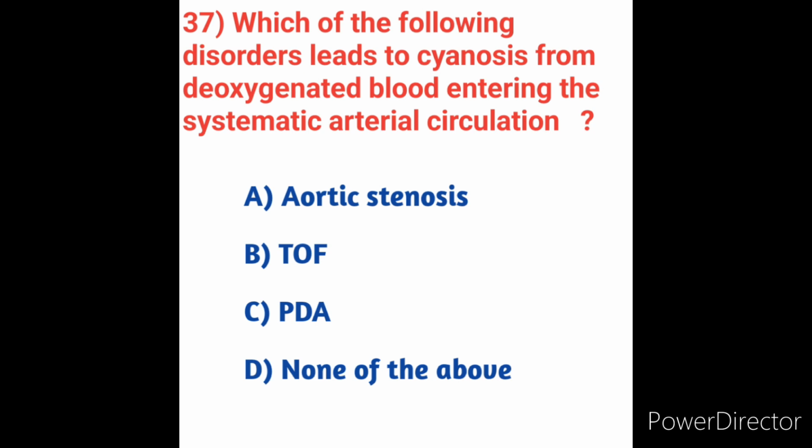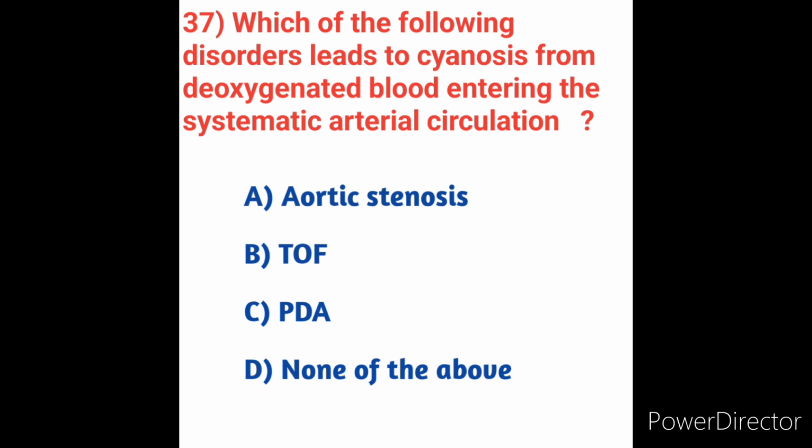If there are low oxygen levels in the blood, cyanosis will automatically happen. So from the options, option B, tetralogy of Fallot, is the correct answer.